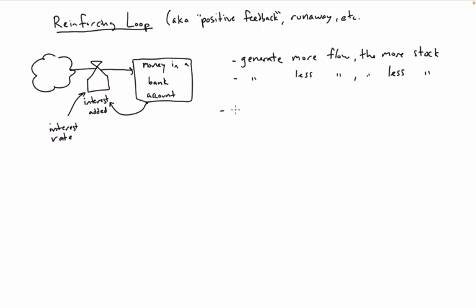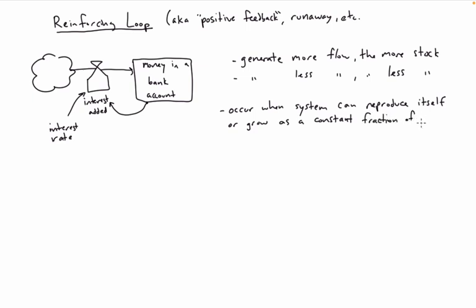And these systems occur when the system in question can reproduce itself or grow as a constant fraction of itself.